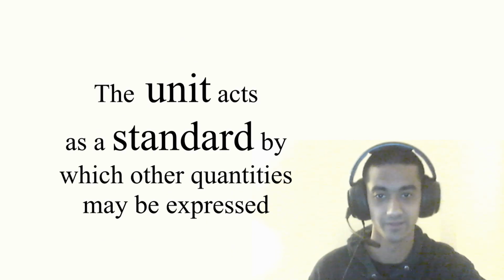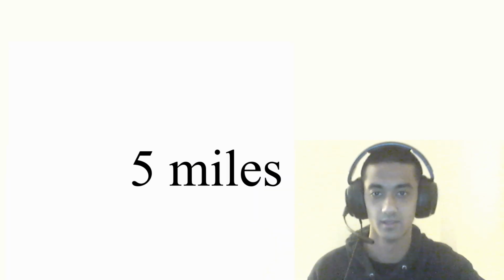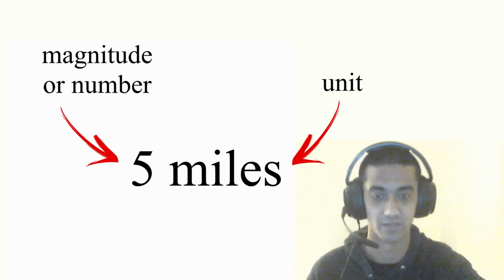One way to define a unit is that it is a quantity chosen as a standard in terms of which other quantities may be expressed. Another example is that when a distance is reported as 5 miles, the quantity has been expressed in terms of miles, and the numerical value is 5.